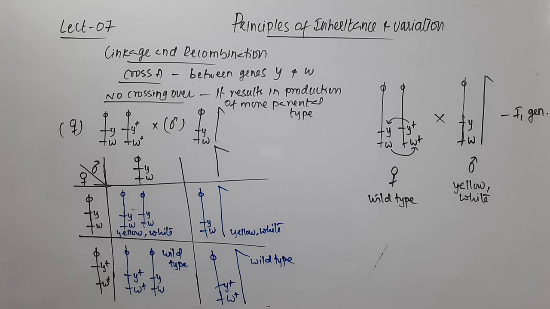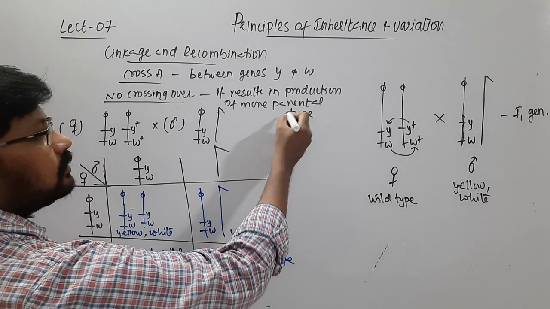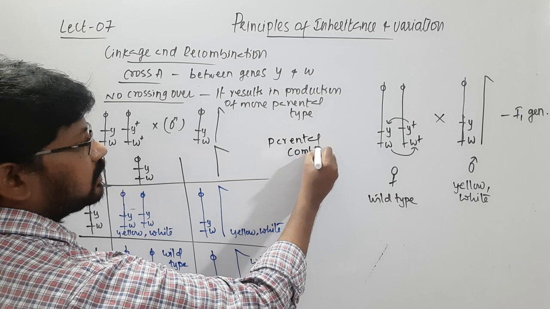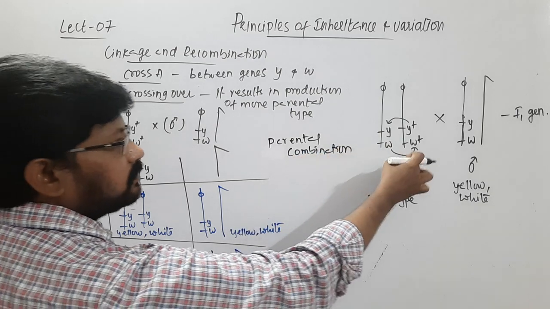So you can see in case of cross A, they have obtained parental combinations.